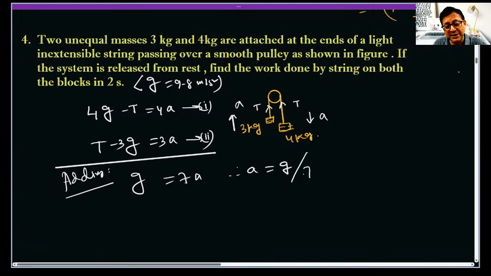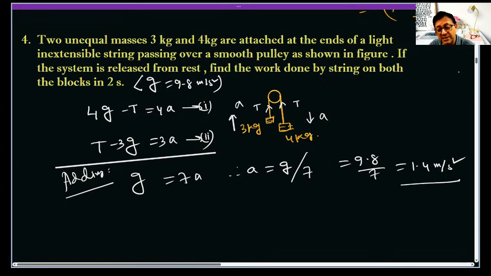So a will be g by 7, g is 9.8 by 7, 1.4 meter per second square. Acceleration is this. If you get the acceleration, then tension can be found out. This value of T is going to be from equation 2.